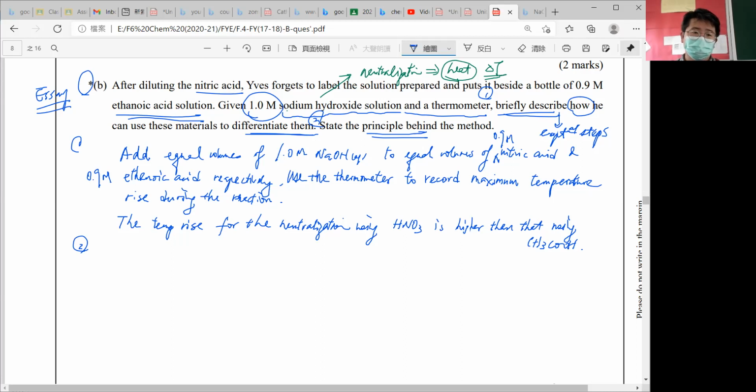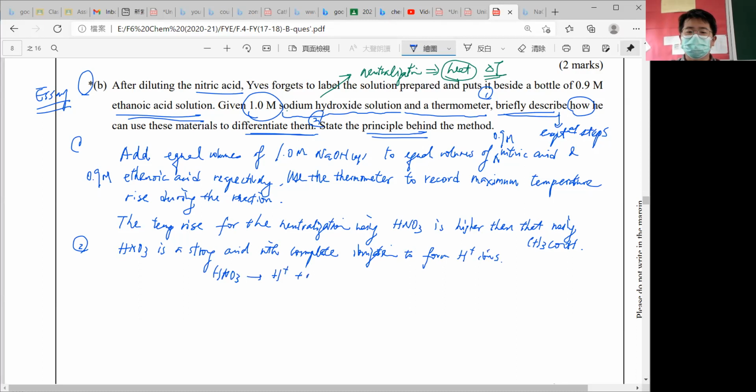So, some boring stuff. Nitric acid is a strong acid with complete ionization to form hydrogen ions.